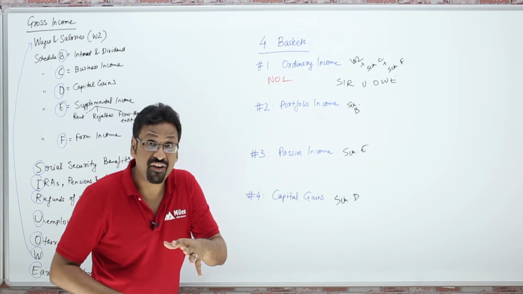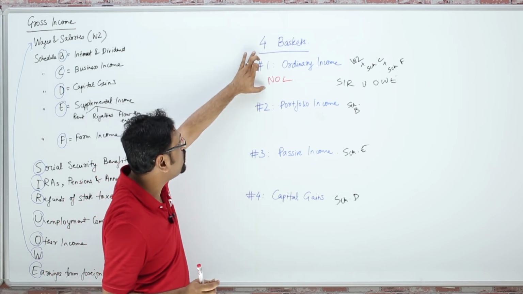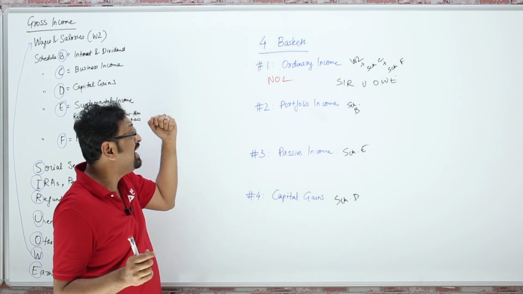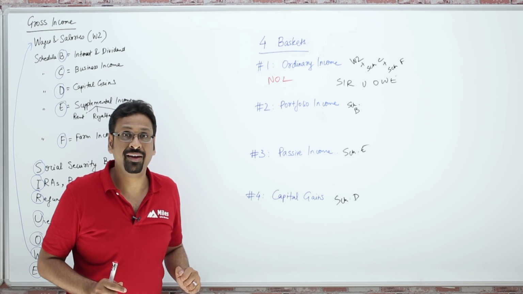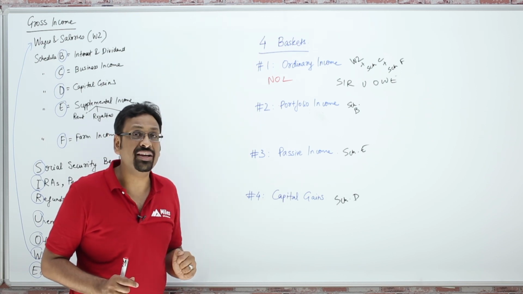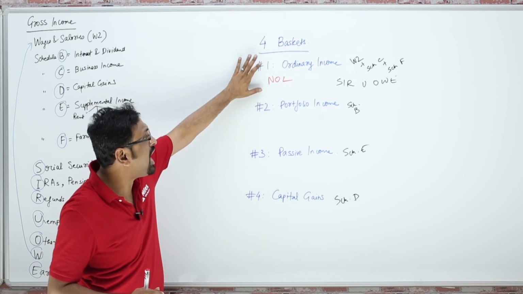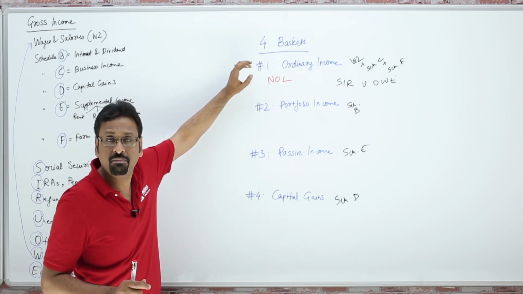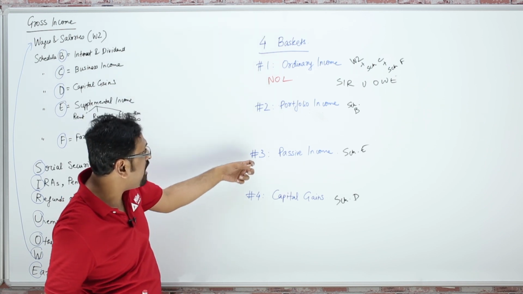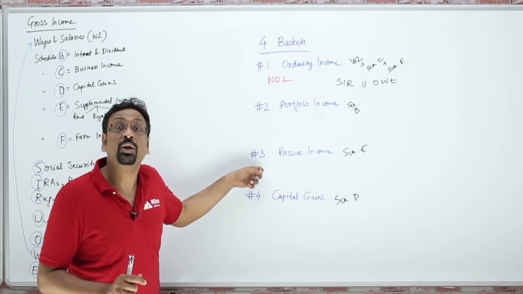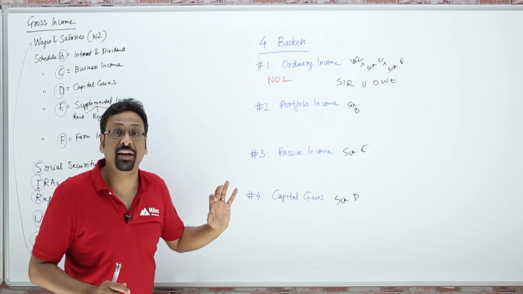So if you have a loss from your business, the question is, can you take the loss out of this basket and deduct it against income from other baskets? And the answer to that is there are limitations, which means that if you have a net operating loss in your basket number 1, you can deduct it against income that you have from basket number 3. But you cannot deduct the net operating loss from portfolio income or capital gains.